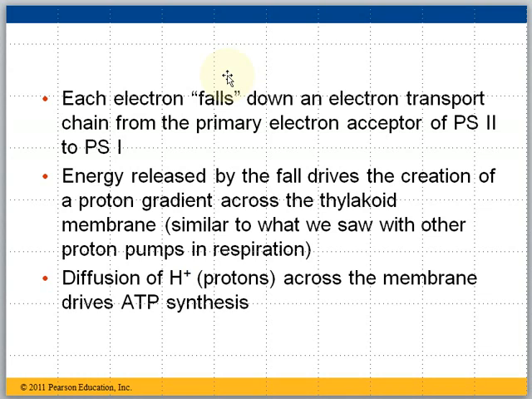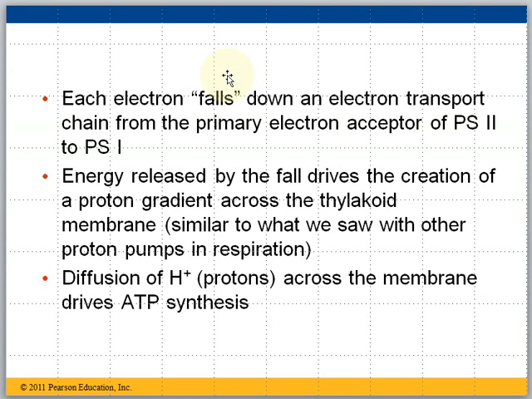Well, a very similar thing is going to happen here. We're going to use an electron transport chain to transport that excited electron from the primary electron acceptor of PS2 all the way down to PS1, which is the second photosystem.